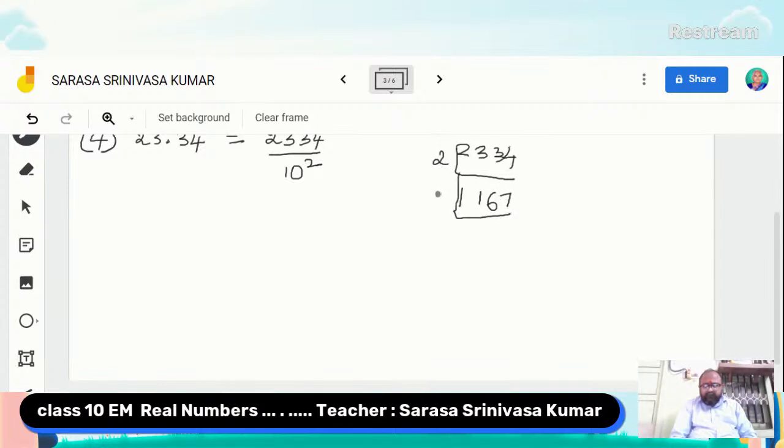Again, it can be divided by 3. 3 threes 9, 3 eights 24, 3 nines 27, so we get 389. Again, here 389 is a prime number.